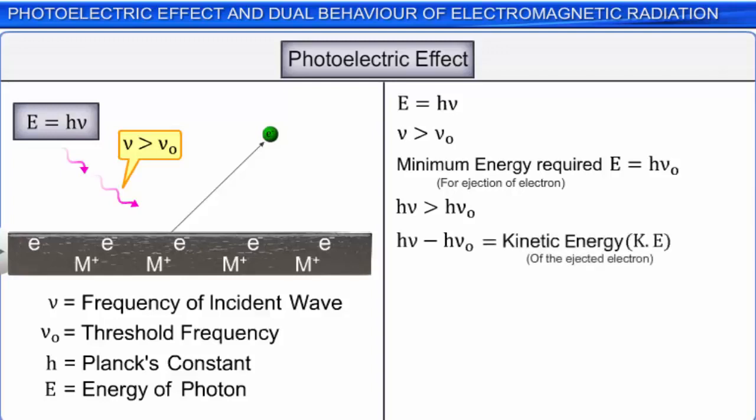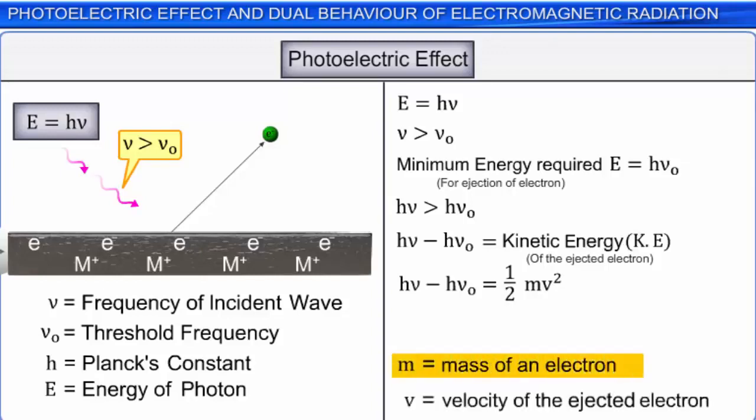Thus, h nu minus h nu0 is equal to half mv square. Here, m is the mass of an electron and v is the velocity of the ejected electron. On rearranging the equation, we get h nu is equal to h nu0 plus half mv square.